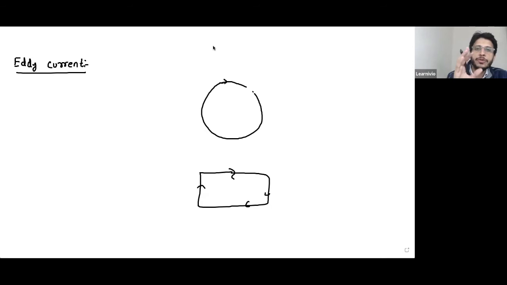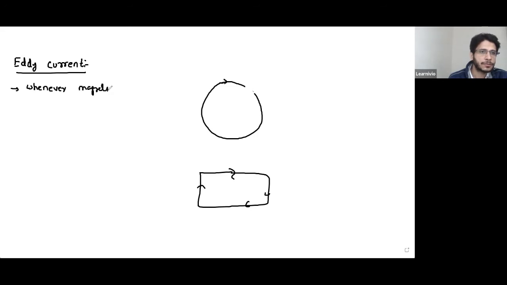So can you tell me which one should be more common, eddy current or the induced current in a coil? Eddy current, because in any piece of metal you have, you can have eddy current.